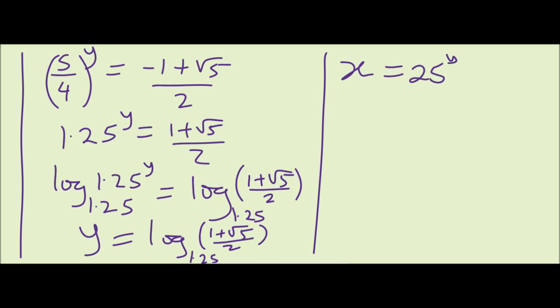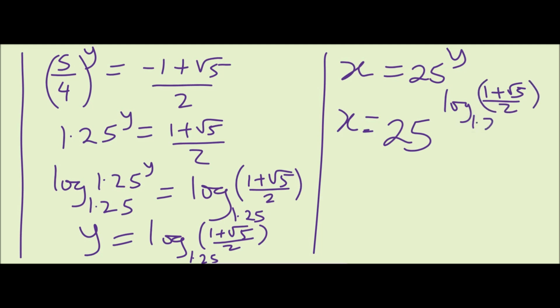This is easier to make use of, so I can get my x from here. x is equal to 25 to the power of log of minus 1 plus root 5 over 2 to base 1.25. So this is the value of x, and the value of y is also given here.